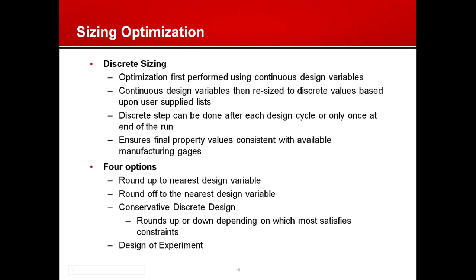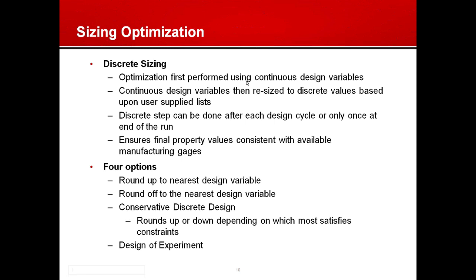When you do the sizing optimization, the optimizer is generally varying these design variables in a continuous fashion, right? But oftentimes these components cannot be found in the sizes that the Nastran optimizer may come up with.